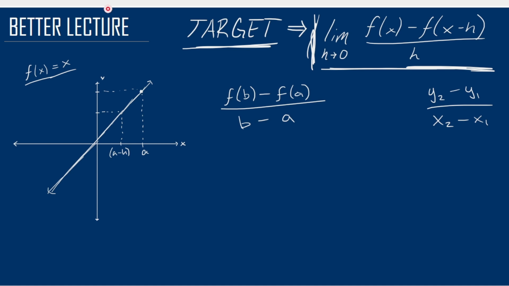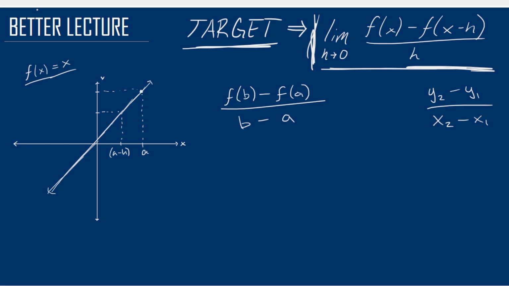It's important to understand what's happening here. We're starting with a, and then we have some h. We don't know the value of it right now, but we're subtracting it, so it's moving us closer to 0.